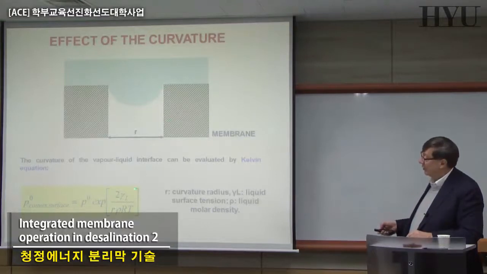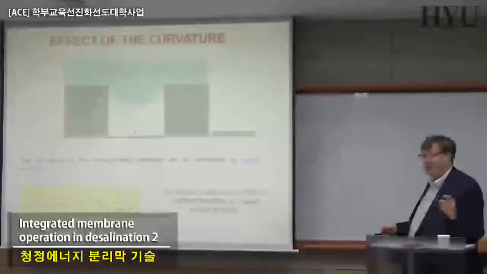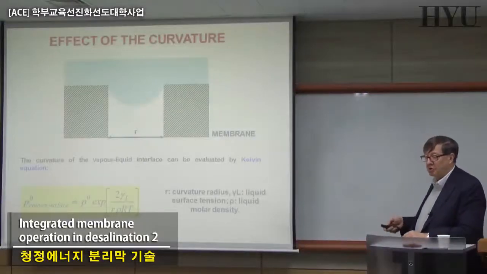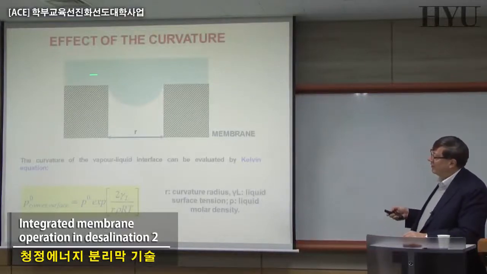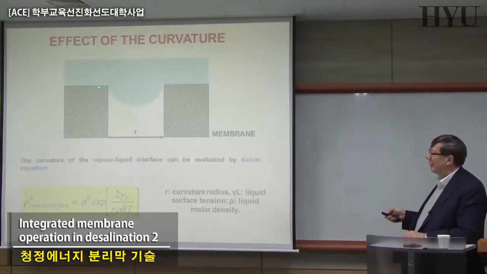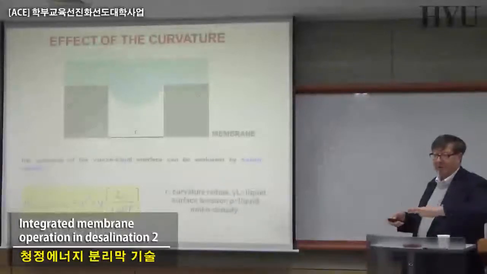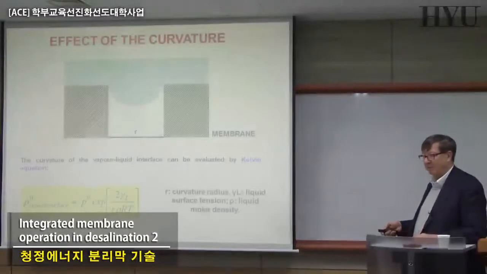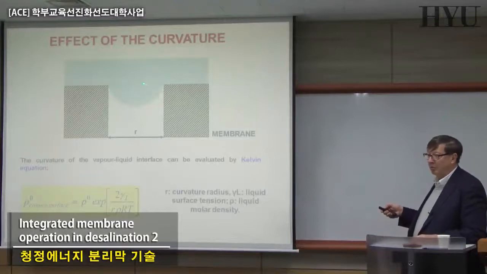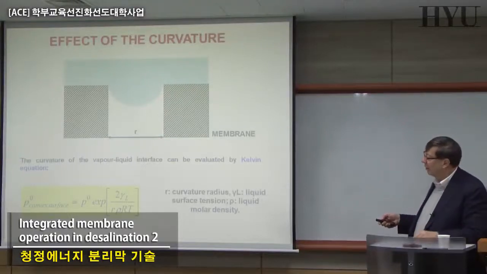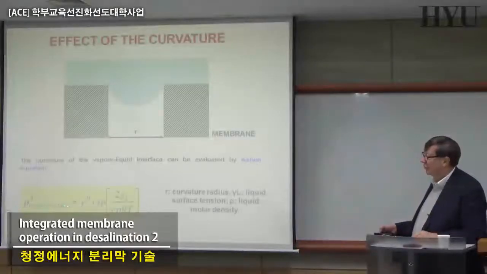Another case is when you are talking about the partial vapor pressure and its relationship with the temperature: there's another effect. It's a geometric effect. At the vapor-liquid interface, the surface is not just a straight line. If there is a normal flat surface with no pore, there is no problem. But if you have a pore, and this is our case, a big pore, because zero point something micron, you have to calculate the effect of what is called the convex surface effect.